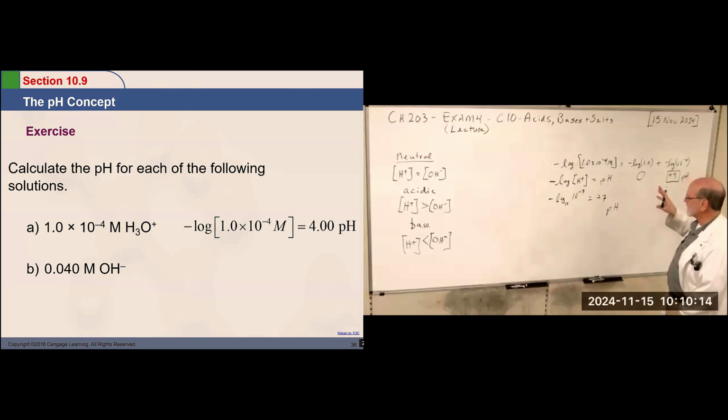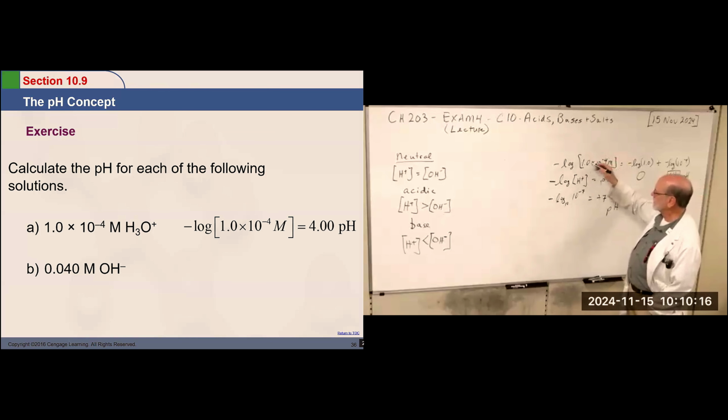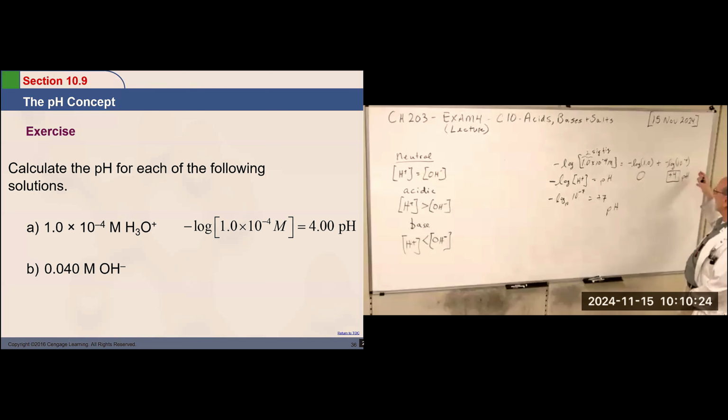So the significant figures of this number are how many? 2, right? 2 sig figs. When we convert it into pH, then those significant figures are translated into decimal points for your pH.